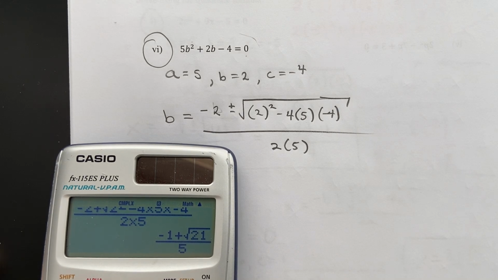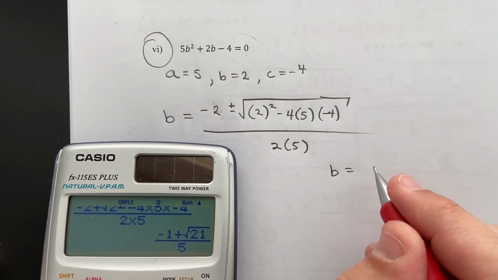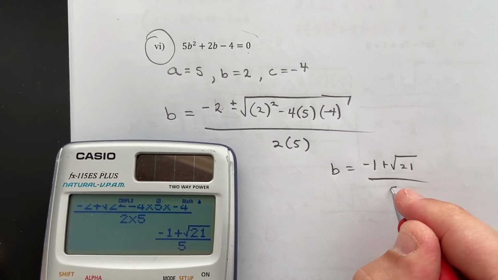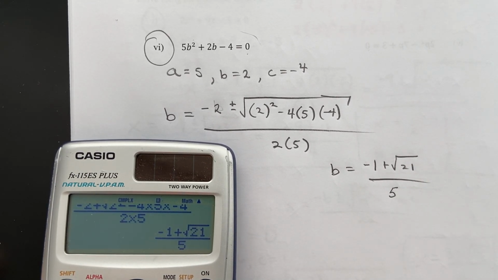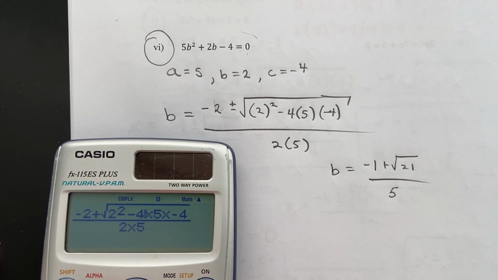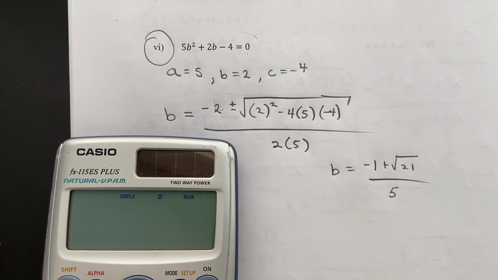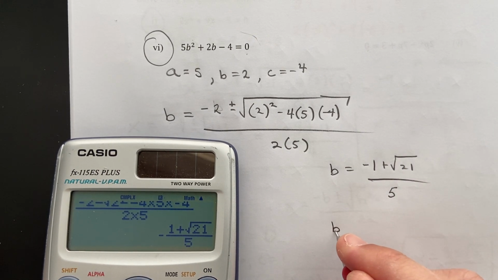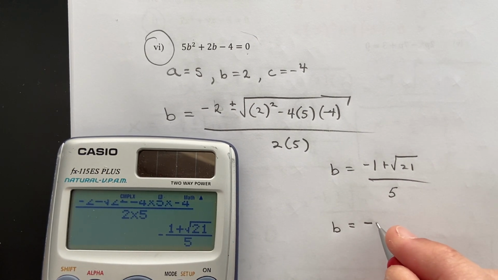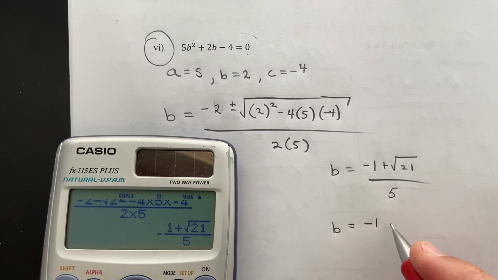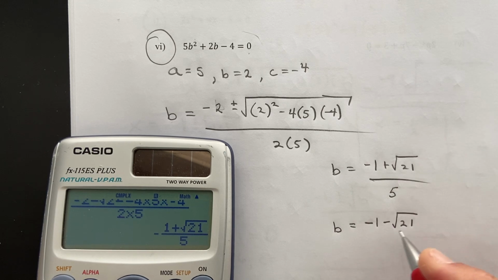So it looks like one of our solutions is negative 1 plus root 21 over 5. And then again, going back, changing that addition to subtract. So I'm getting B equals negative, I'll just go ahead and distribute this negative, so negative 1 minus root 21 over 5.